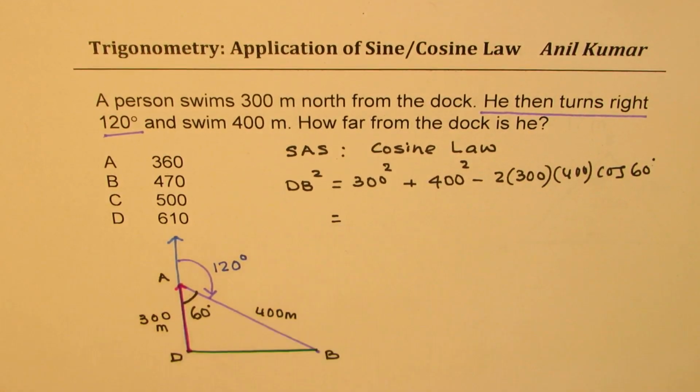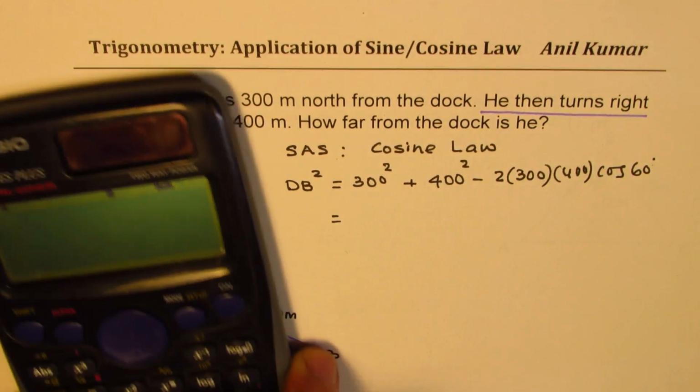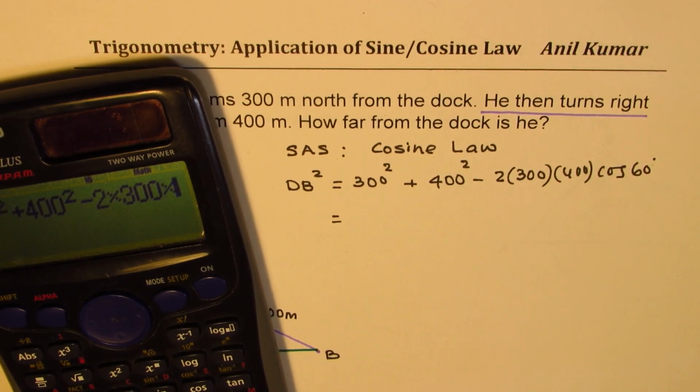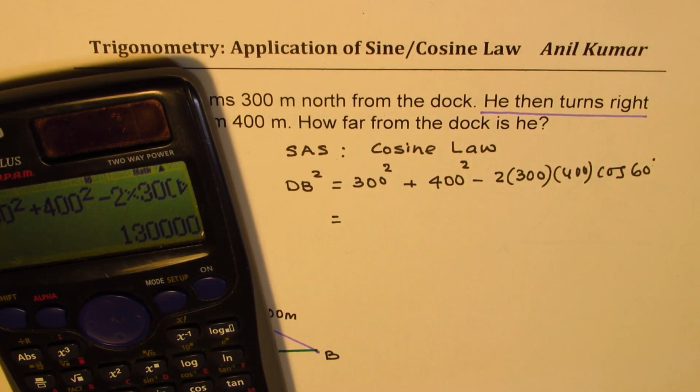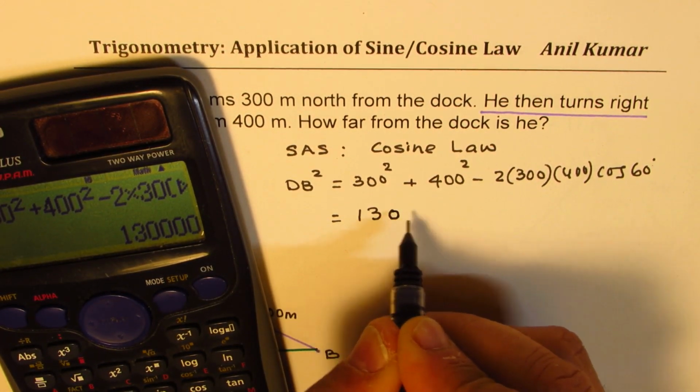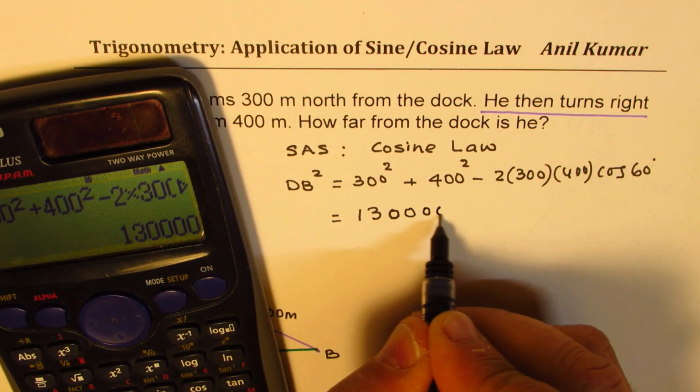Perfect. So that is how you could solve it. Now this could be done without calculator also, but we can use calculator now. 300 square plus 400 square minus 2 times 300 times 400 times cos of 60 degrees, which is half. And so we have taken a very special triangle here. So that gives you 130,000, right?